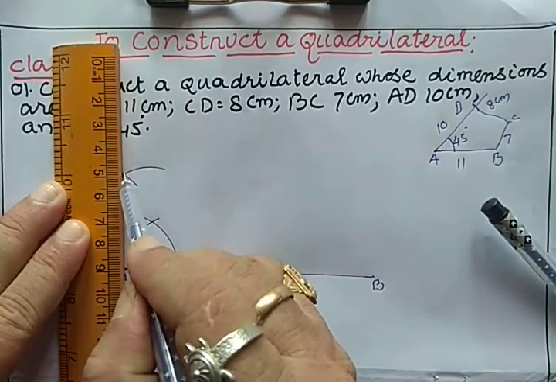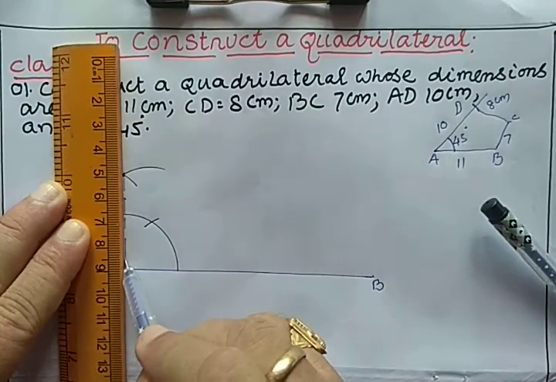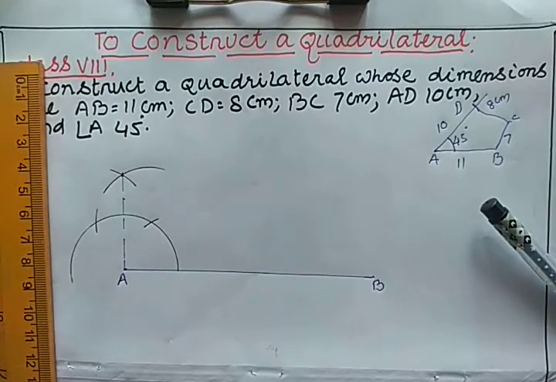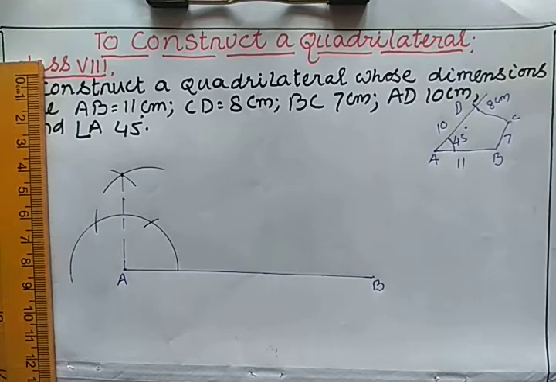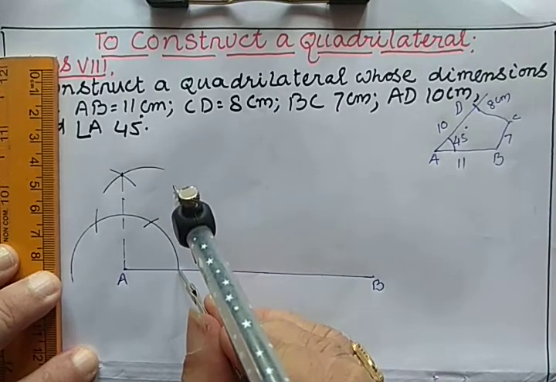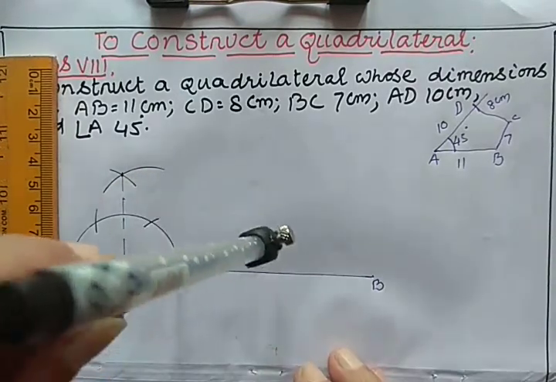This is your 90 degrees. Actually, in order to draw 45 degrees, first we should make what? 90 degrees. So now if we bisect this 90 degrees, we get 45 degrees.